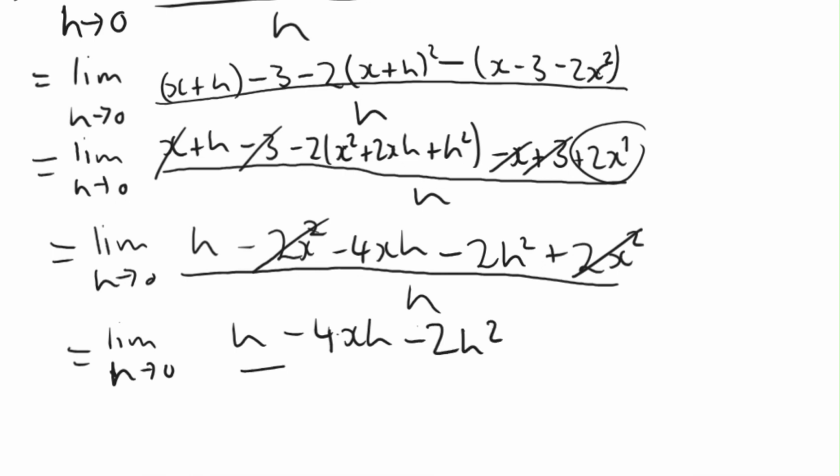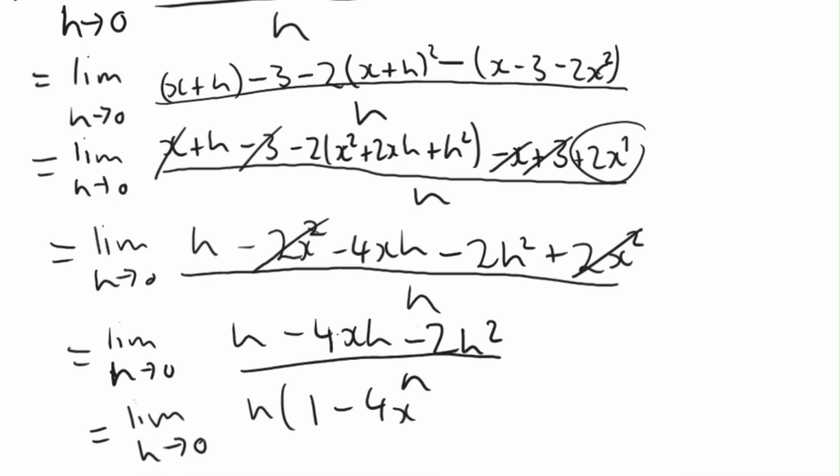Divide everything by h. Dividing everything by h, you take out h as common factor. You get the limit as h goes to 0 of what? Take out h as common factor, you have 1 minus 4x minus 2h there.